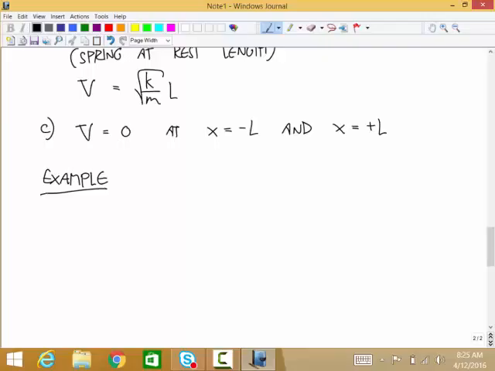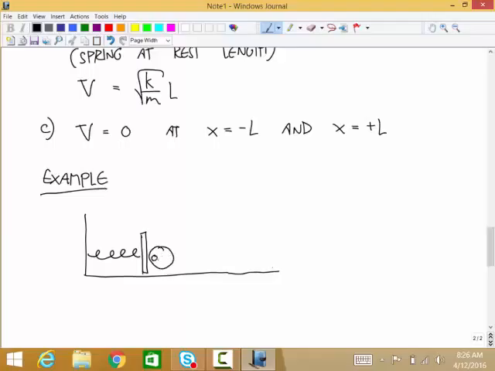Okay, so let's do another one related to springs. And this one also involves conservation of momentum. So let's say you have sort of like a pinball.